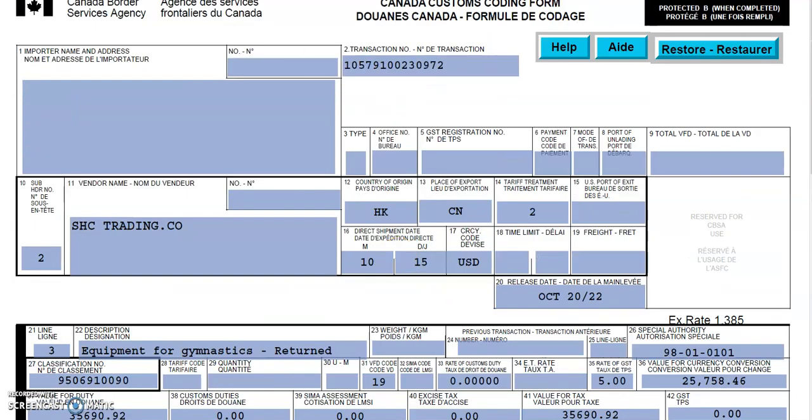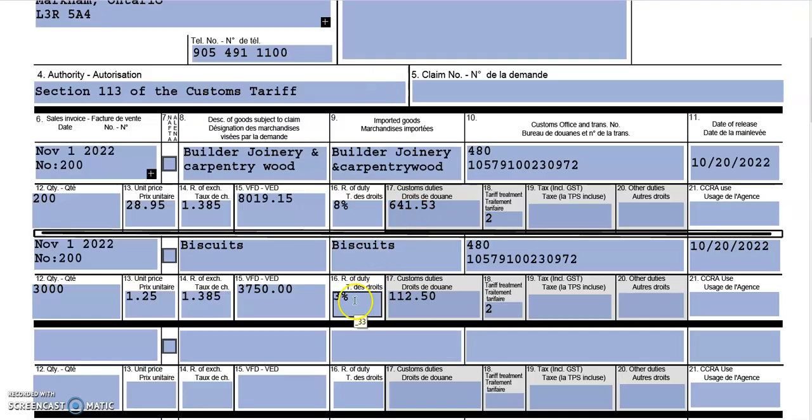Again, you didn't give me the first page of the B3, so I'm assuming the duty rate is 3%. Okay, so the value for duty times 3% is $112.50. If this duty rate is wrong, you need to change it, multiply that new duty rate times the value for duty, and change the customs duty amount.